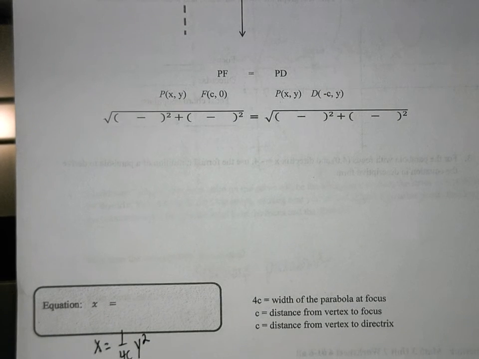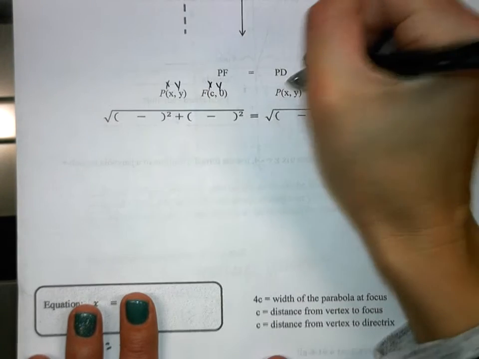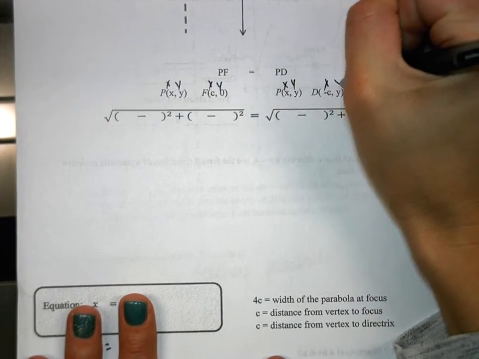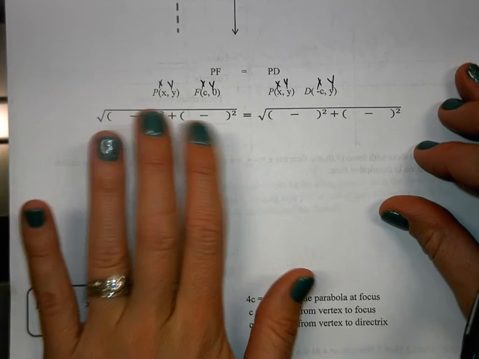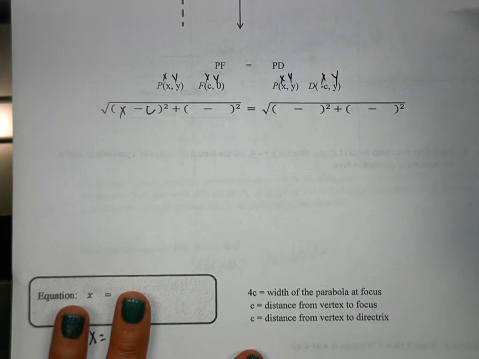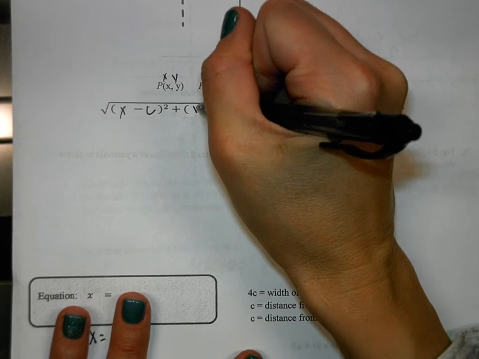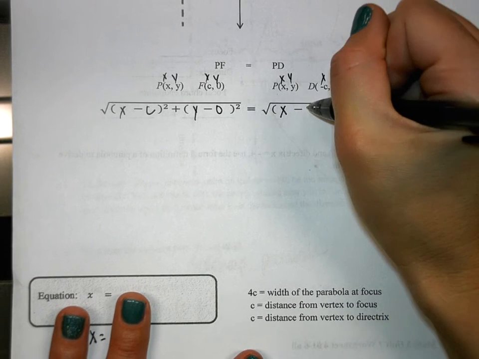Okay, so we're going to use our distance formula. And again, if you like to label these, you can. Okay, so what am I going to put over here? Good, x minus c, and good. On the other side? Good.